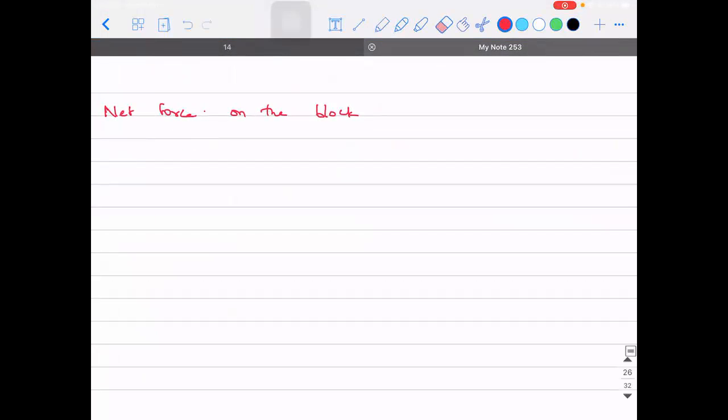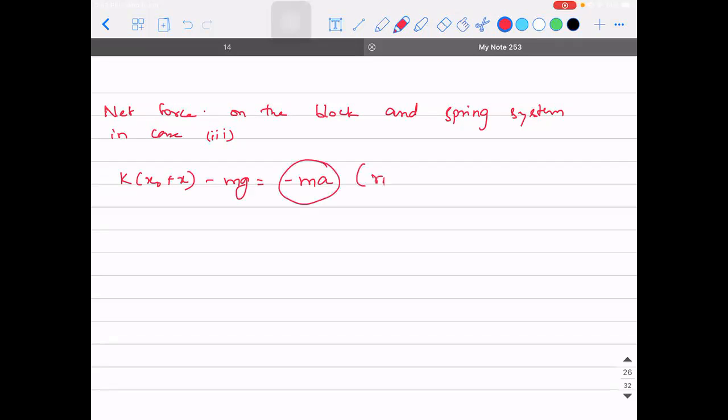Net force on the block and spring system in case 3 is given by what? Can I write it as k into x naught plus x minus mg is equal to minus m into a? I wrote a minus m into a here because it's a restoring force.